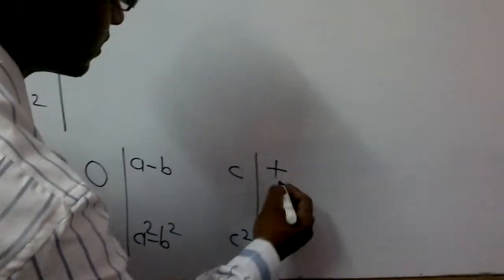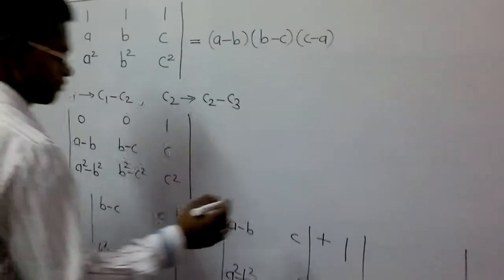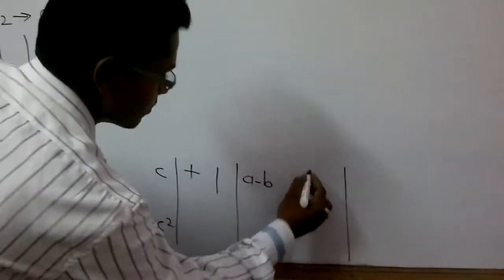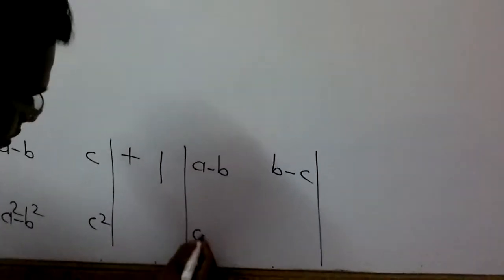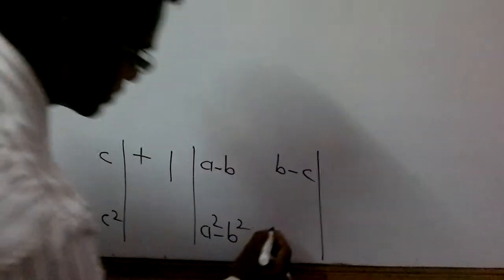And the last value, plus 1 into the determinant, eliminating the third column and first row: a minus b, b minus c, a square minus b square, b square minus c square.